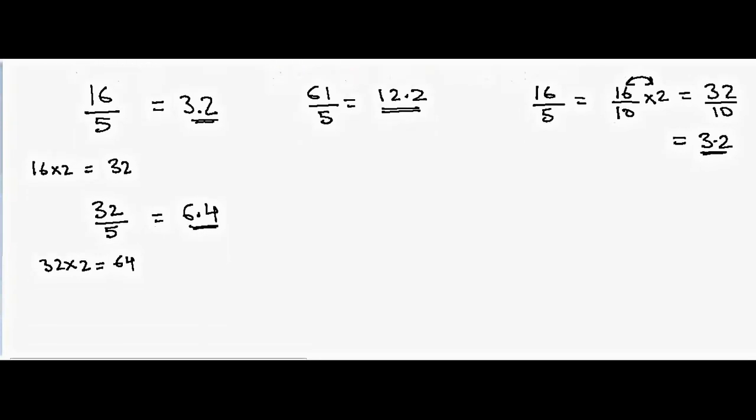The same trick can also be used to divide by 25. In this case, suppose I have 16 and I want to divide by 25. Instead of multiplying by 2, I will multiply by 4. So 16 times 4 is equal to 64. My answer will be 64, and now I'll put a decimal after 2 digits from the right.